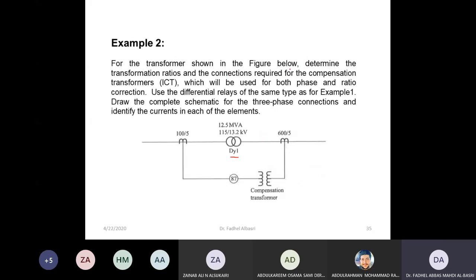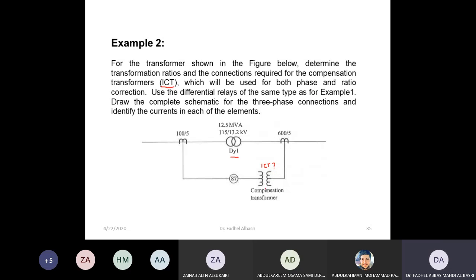So first, determine the transformer ratios: the CT ratio and the connection required for compensation for the compensation transformer, which is the interposing CT. So this is the ICT. I want to know its ratio required and connection.